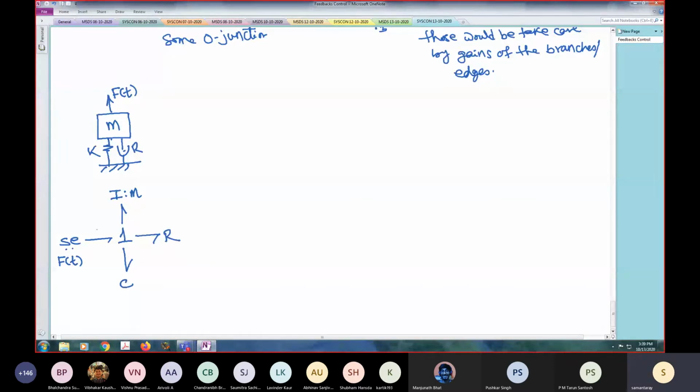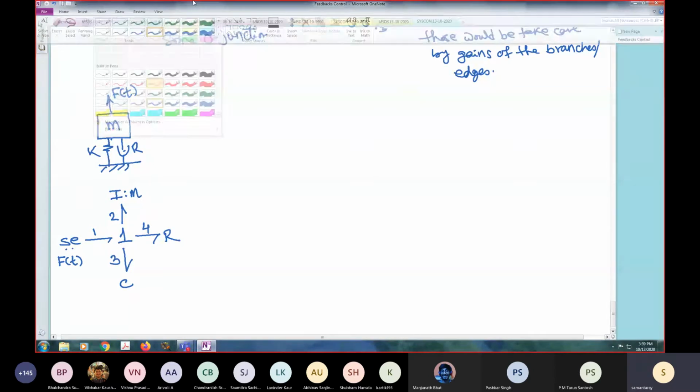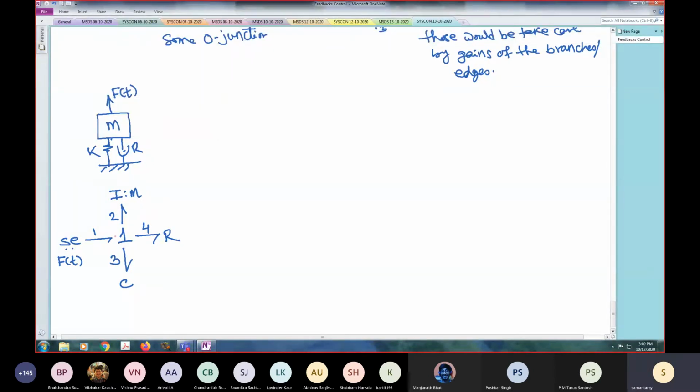Give some numbers 1, 2, 3, 4. We'll give some causality. Same steps as we do in block diagram.